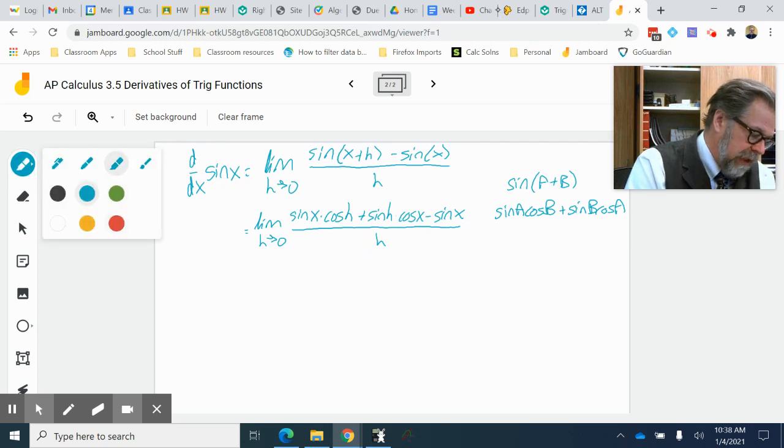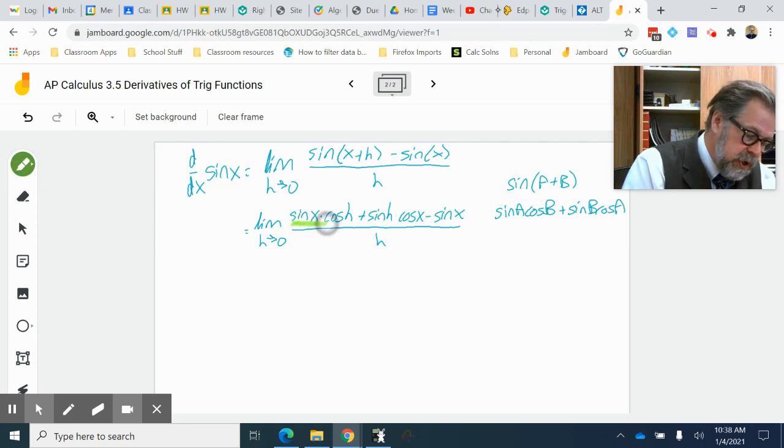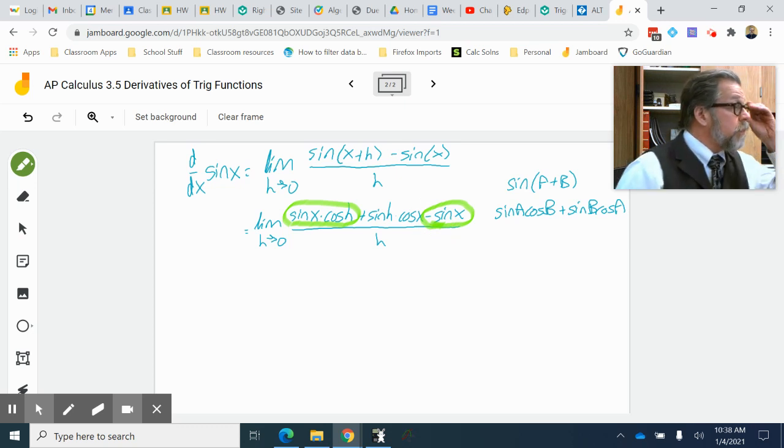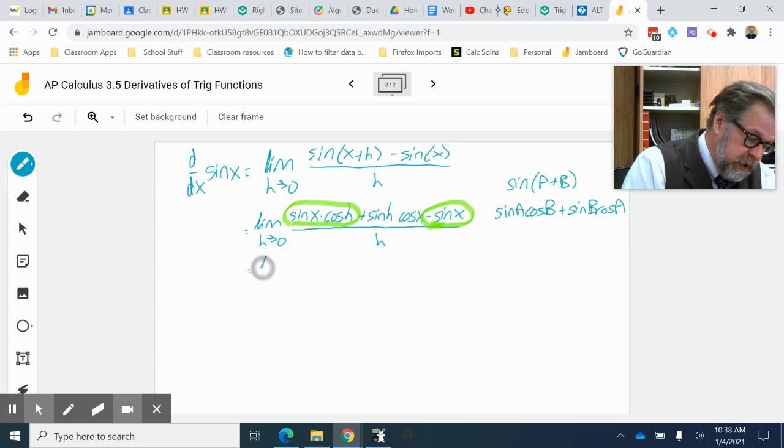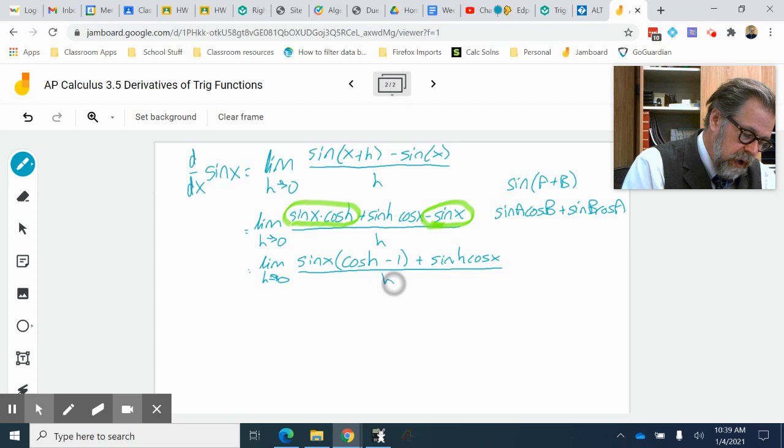We're going to do a little fiddling here. We're going to take the two terms that have sine of x, and we're going to put them together. So this gives us the limit as h goes to 0 of, factoring out the sine, sine of x times cosine h minus 1 plus sine of h cosine of x all over h.